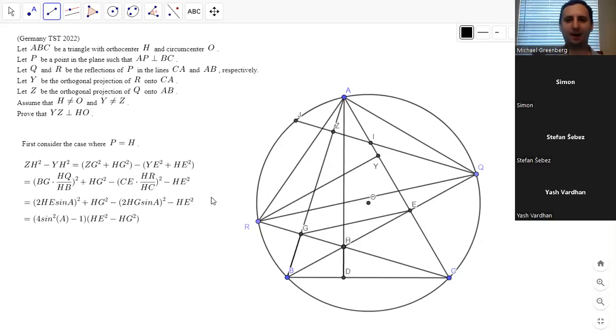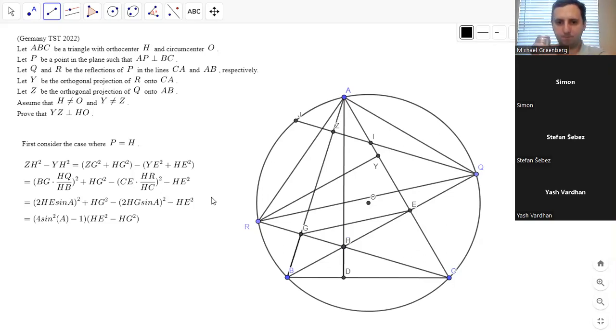Do you see a good way to bash this? Well, you need the ratio of the difference of powers of Z and Y. Yes.